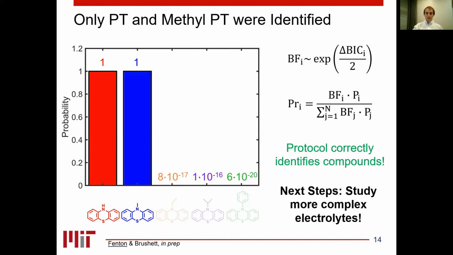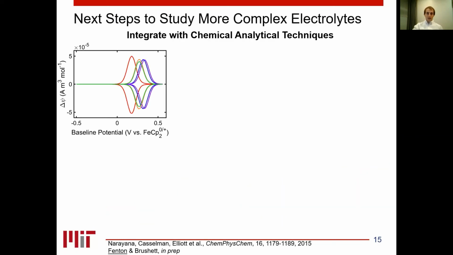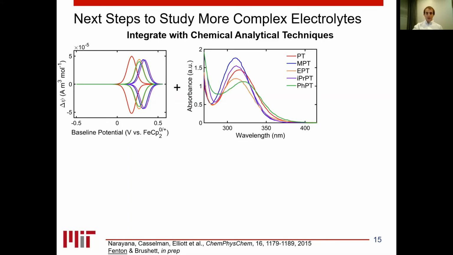So the next step is to study more complex electrolytes. This can be done in part by integrating the electrochemical method just described with that of spectroscopic techniques, such as UV-Vis. And this combined can give the user greater confidence as well as help identify non-electroactive compounds in solution.